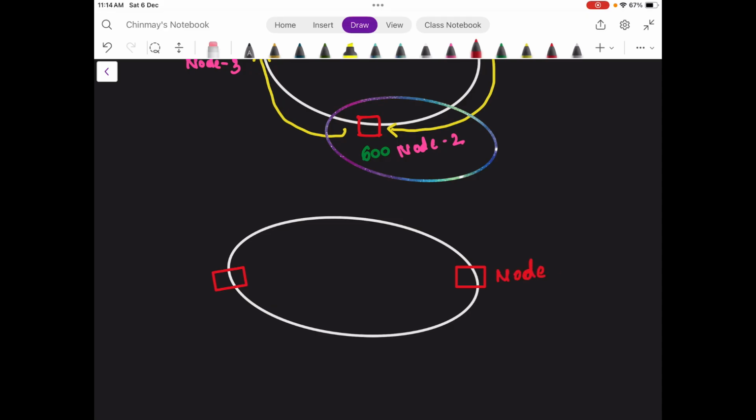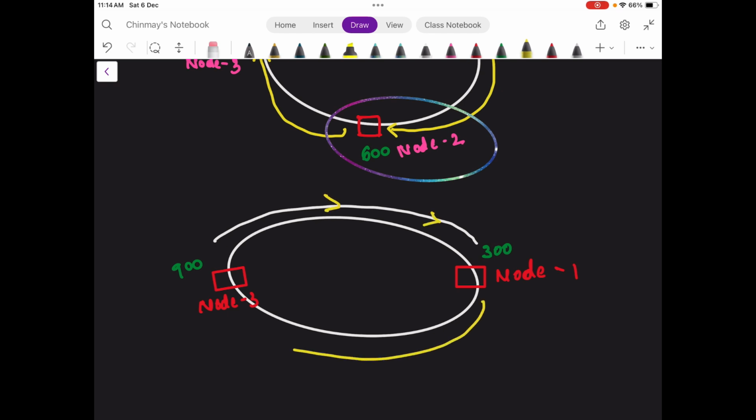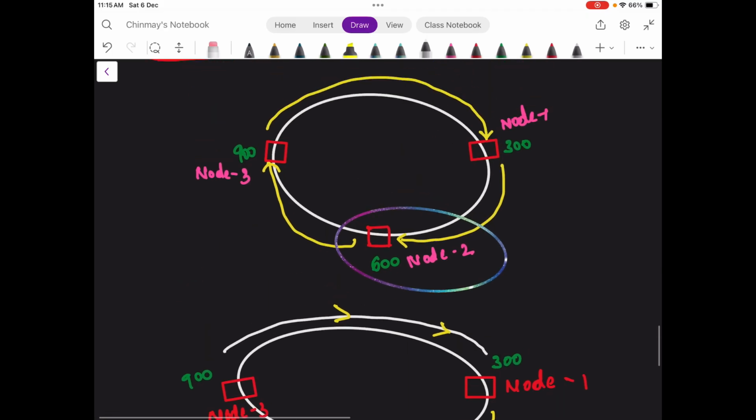At node 1, the hash ID is 300. At node 3, the hash ID is 900. Now messages with hash IDs between 900 to 300 will go to node 1, and between 300 to 900 will go to node 3.